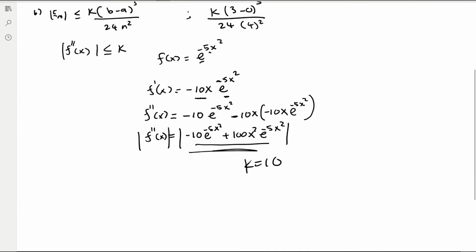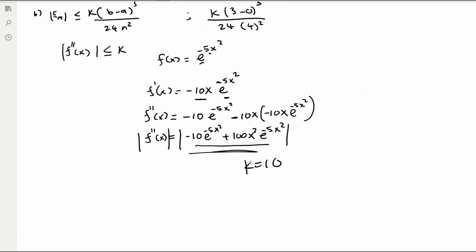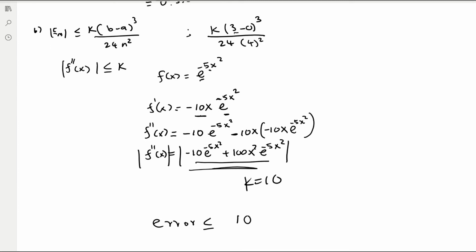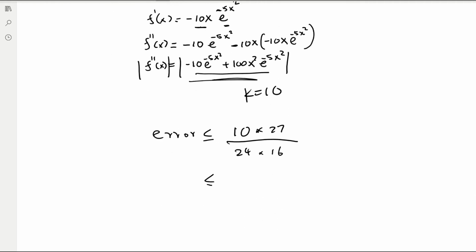All right, so the error bound: the error is going to be less than K, which is 10, times 3 minus 0 cubed, which is 3 cubed, which is 27. So this is 10 times 27 over 24 times 4 squared, which is 16. Let's simplify this by hand.